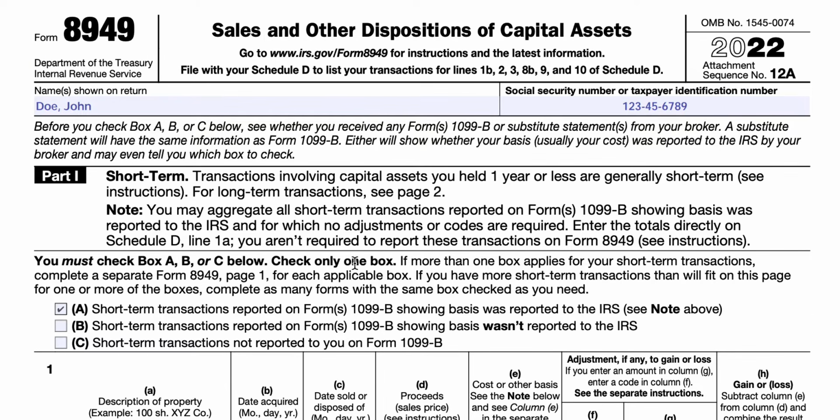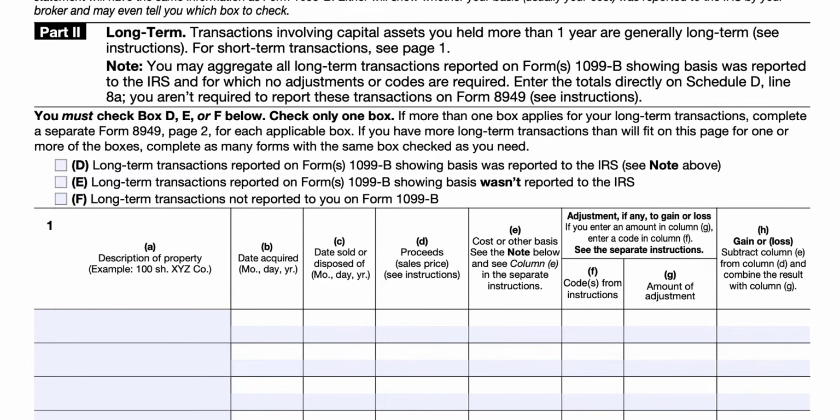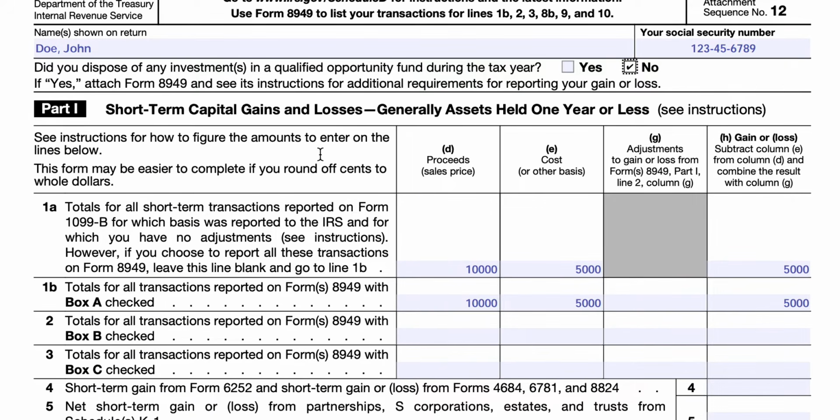IRS Form 8949 is for the sales and other dispositions of capital assets, and you have short-term, and then on the back you have long-term transactions. So this goes hand in hand with Schedule D. In line 1A, in this case, John Doe sells $10,000 of stock. It cost him $5,000, so he's reporting a $5,000 gain.